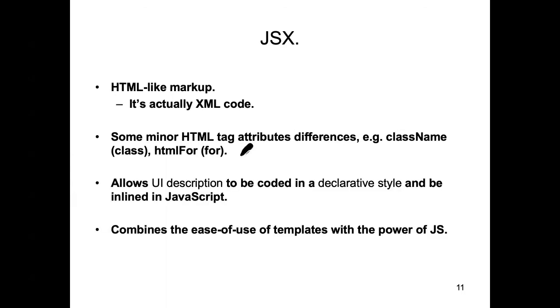It allows the UI description to be coded in a declarative way. So we're just describing what we want our UI to look like, and the Babel transpiler will convert it into plain old JavaScript code, which implements in an imperative way how the actual UI is constructed programmatically within the browser. And we can inline our JSX in an ordinary JavaScript file.